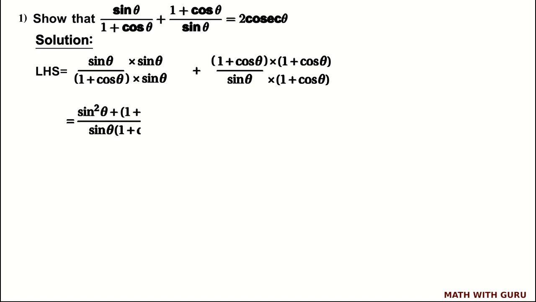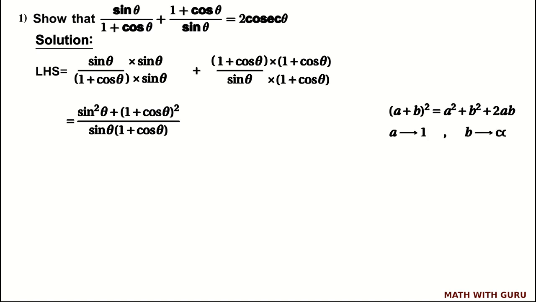We get sin square theta plus 1 plus cos theta whole square, whole divided by sin theta into 1 plus cos theta. In the numerator, 1 plus cos theta whole square can be expanded using this identity: a plus b whole square equals a square plus b square plus 2ab.